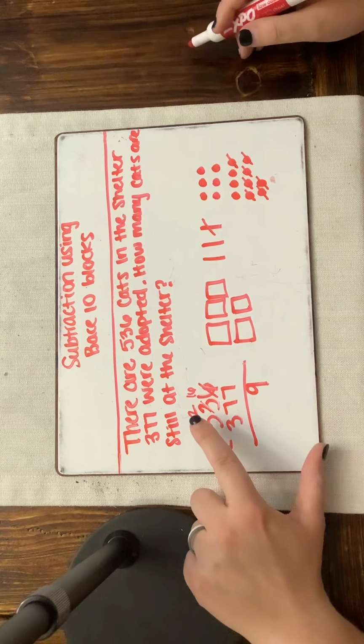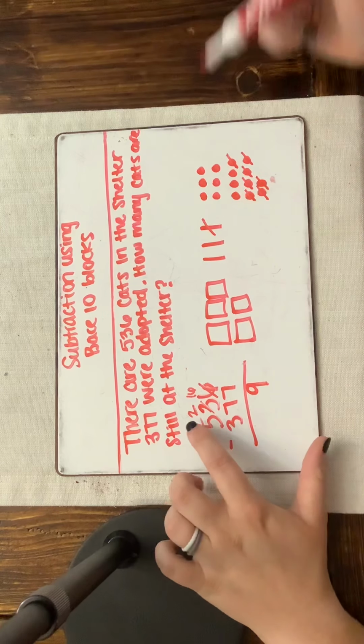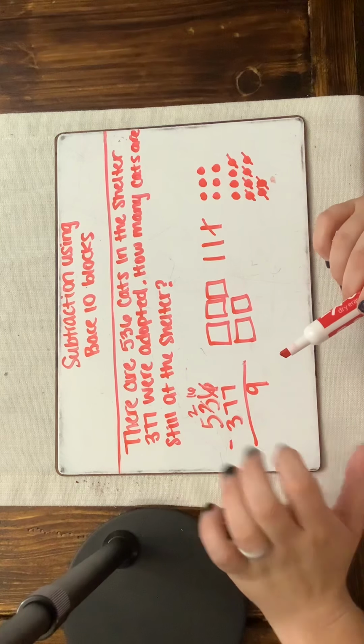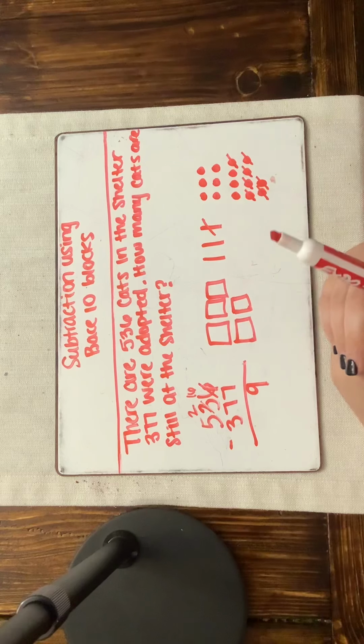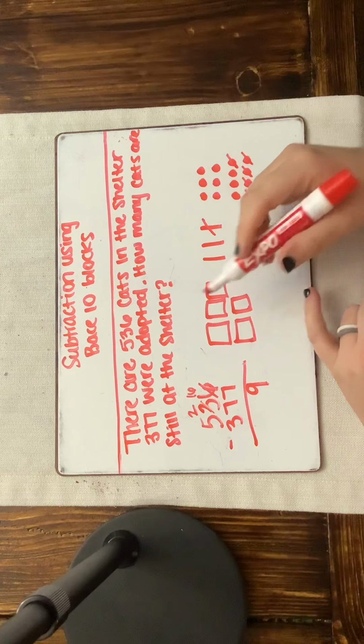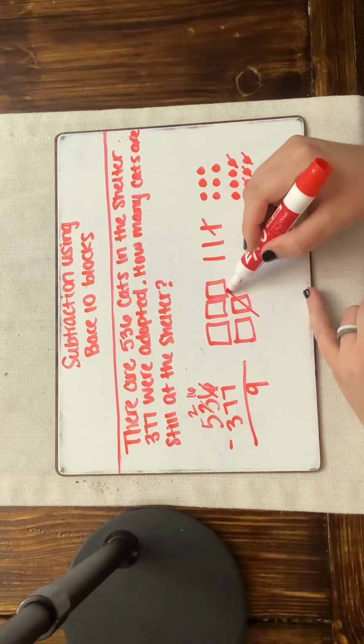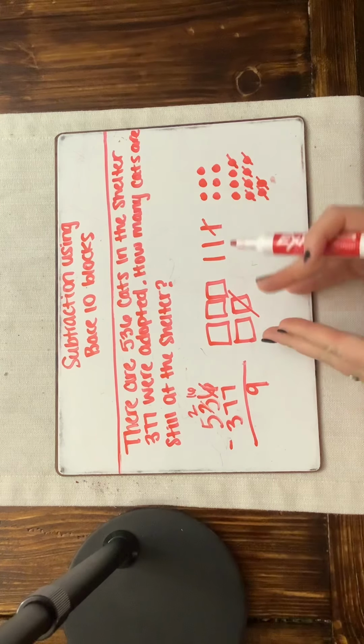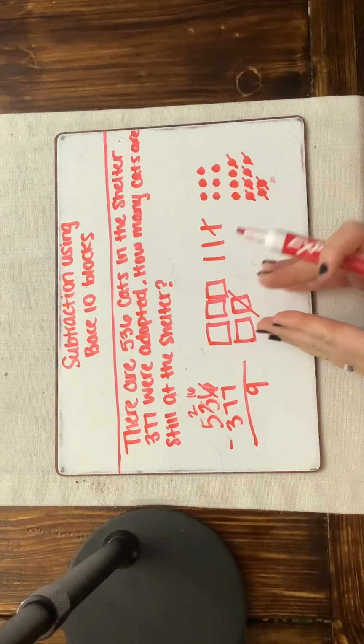Now, moving on to the tens place, we have a 2 and we need to take away 7. Cannot take away 7 from 2, so we're going to have to come over and borrow from a hundreds place, or a flat, sorry.